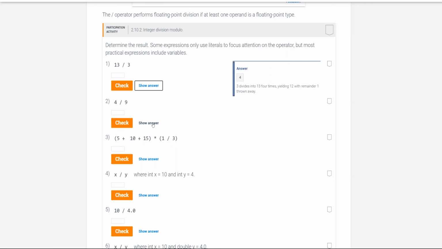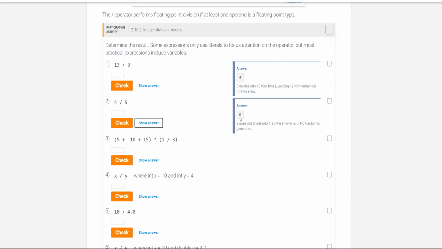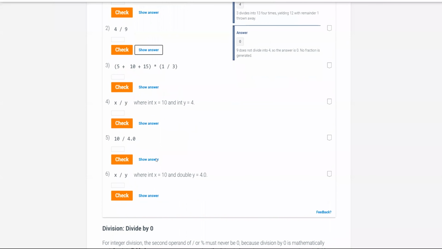But it is an integer division, so you get 0. Why? The number on the top is smaller than the number on the bottom, so you would have to get a point value, but this is an integer division. In that case, you get 0, right? So things like that, be aware. These are some exercises just to point out.